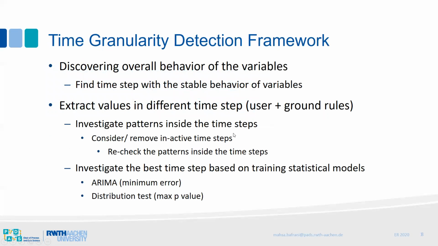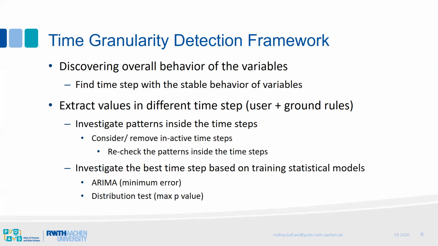Our framework, as we discussed before, contains several important steps. The first one is detecting the behavior. We use autocorrelation and partial autocorrelation to detect the behavior of the variables. It shows if there is a strong pattern inside our data.